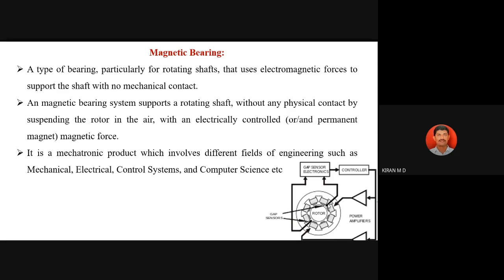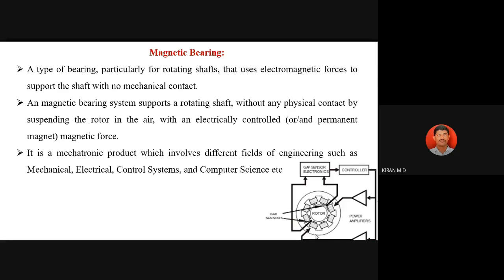If the shaft or rotor comes near the bearing surface, the gap sensor will indicate that, and the control system will pass the signals.